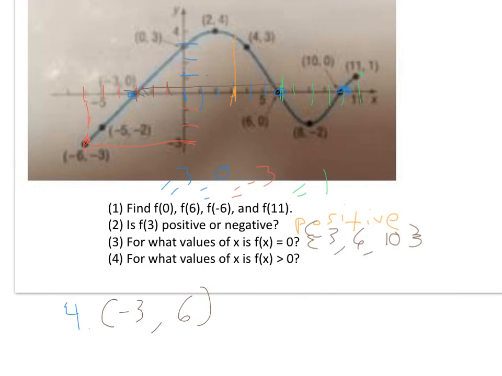And we use the parentheses instead of the brackets because the values -3 and +6 would make it equal to 0, and we don't want those. That's why we use the parentheses. We can say union with, let me erase that and make it neater, union with this little interval here from 10 to 11.